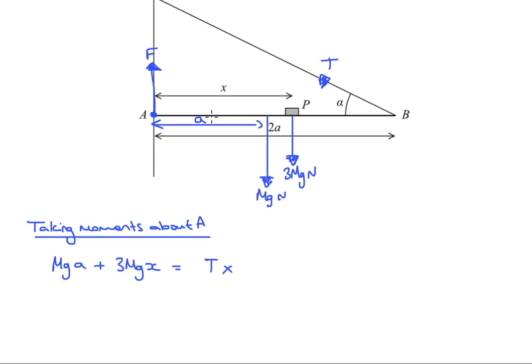The perpendicular distance from A is going to be this distance here. And if we work out what that distance is, that is going to be 2A cos alpha. No, it's not. It's going to be 2A sine alpha, because this is the opposite.